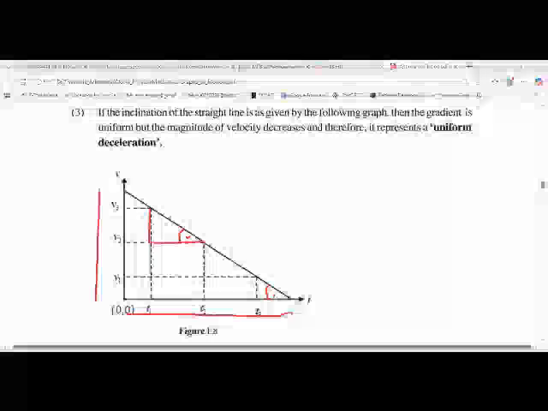But its sign should be negative because it makes an obtuse angle from the positive direction of the x-axis. So the gradient should be negative, and it has a negative acceleration.